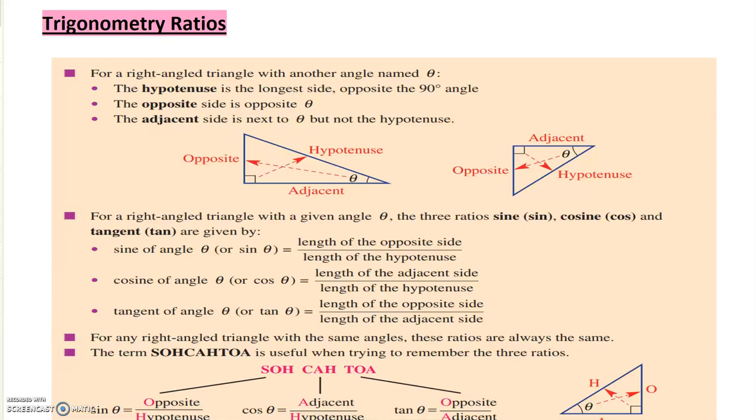Alright, today we're going to learn about trigonometry, and trigonometry is basically an extension of Pythagoras' theorem, which also talks about right angle triangles, and trig ratios also talk about right angle triangles.